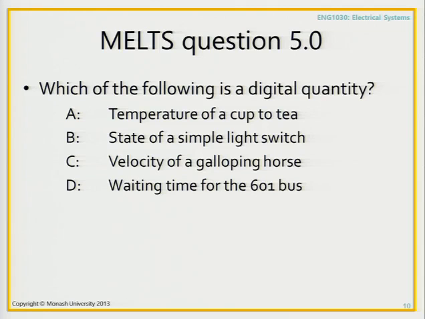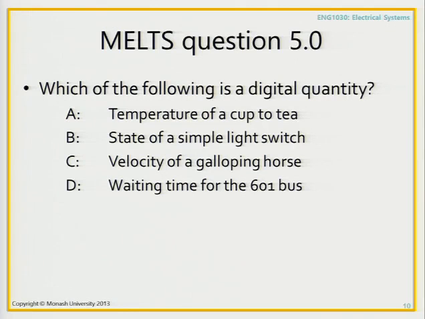So which of the following is a digital quantity? You have to think about what the actual quantity is and what range of values that quantity can take. If the range of values is continuous, then it's an analog quantity.